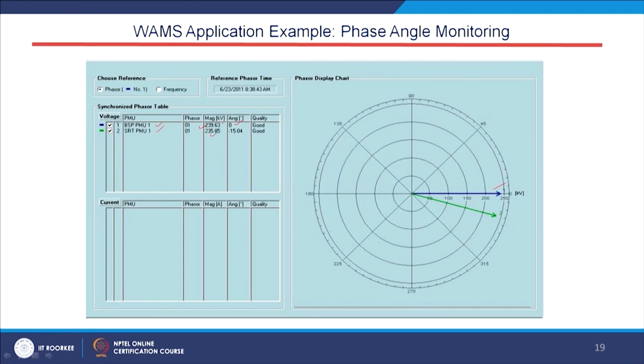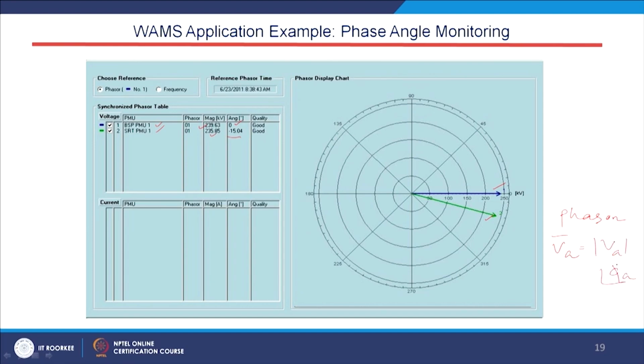Here is the second one, where the voltage magnitude is 235.85 and the angle is minus 15.0 degrees, and here is the phasor position. The word phasor itself indicates that if it is a phasor voltage, then it has a voltage magnitude and also an angle phi.